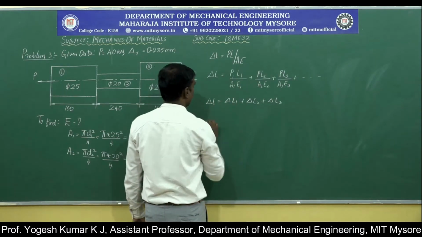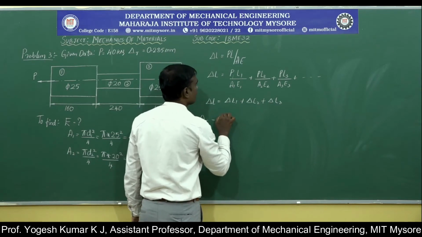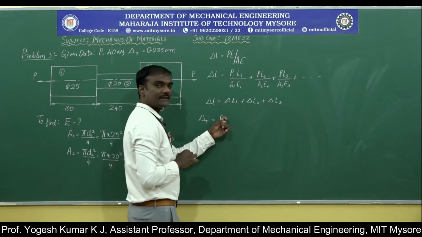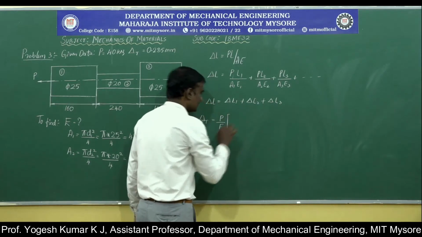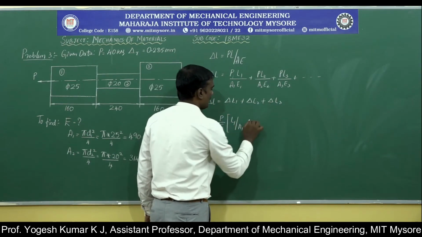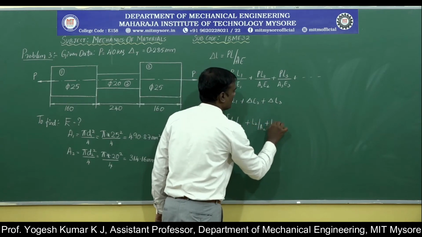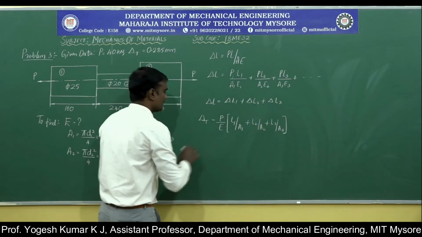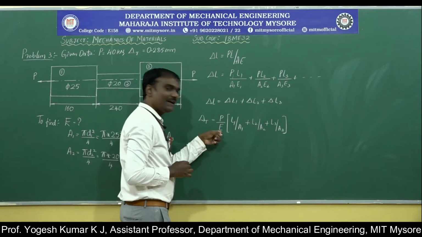I will make use of the first expression for total elongation, delta equals P by E. Since the load acting on the member and the modulus of elasticity are the same, I will take this common. So we are left with L1 by A1 plus L2 by A2 plus L3 by A3. The required term in this equation is Young's modulus.